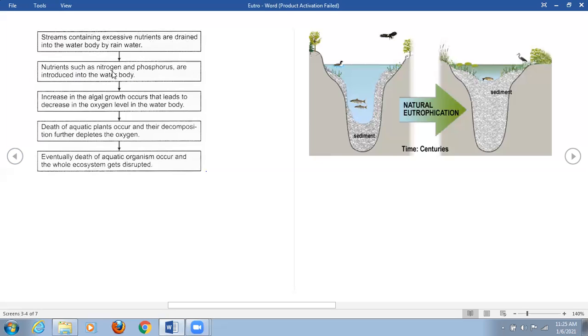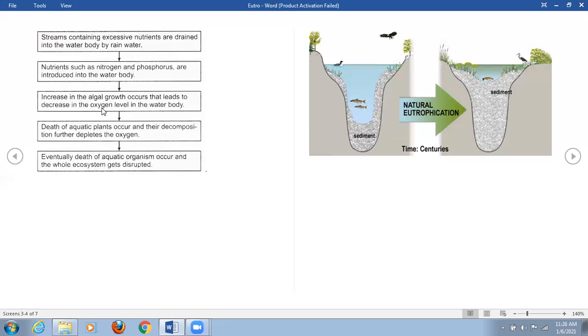And when these two nutrients are introduced into the water body, it supports the growth of algae. Increase in algal growth takes place, and that leads to a decrease in the oxygen level in the water body. When algae increase, the water body loses oxygen, because algae take up oxygen rapidly for their growth, so they compete with other aquatic life such as fish.